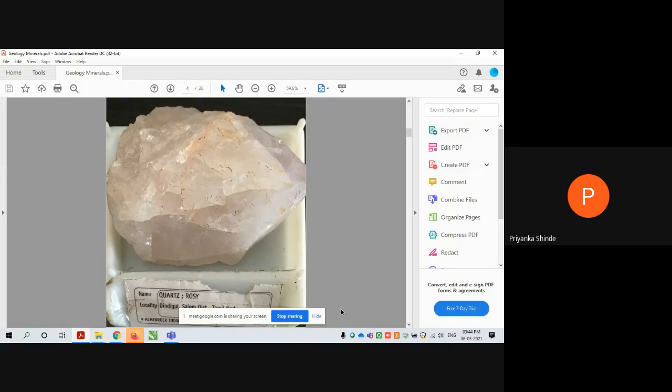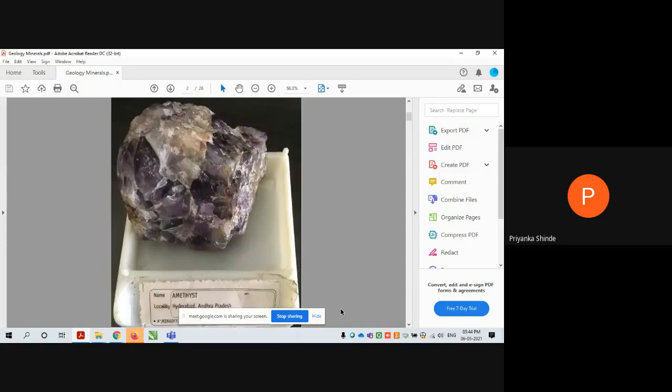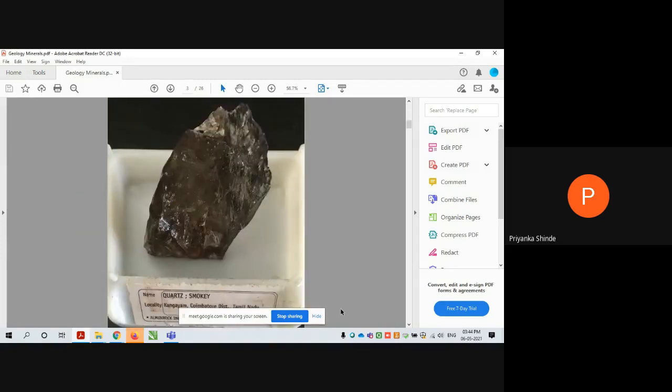So it is also used in watches. So glass manufacturing, watches. Then because of the beautiful color, amethyst and rose quartz are used in gemstones. In jewelry and all, they use them as a stone, gemstones.